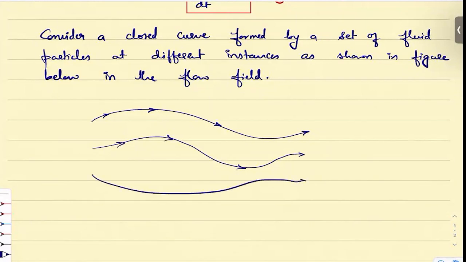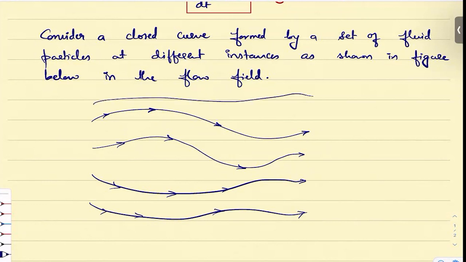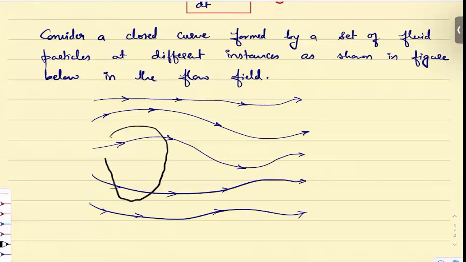The fluid is going in an arbitrary direction. The streamlines I made like this, so these are the streamlines. Now you consider a closed curve formed by a set of fluid particles. Let's say fluid particles were at different locations like this. Let me draw one particle like this.